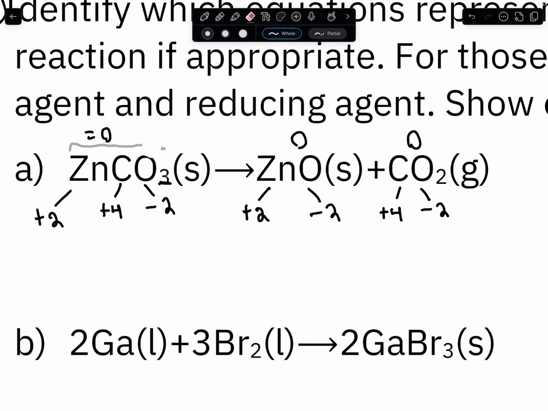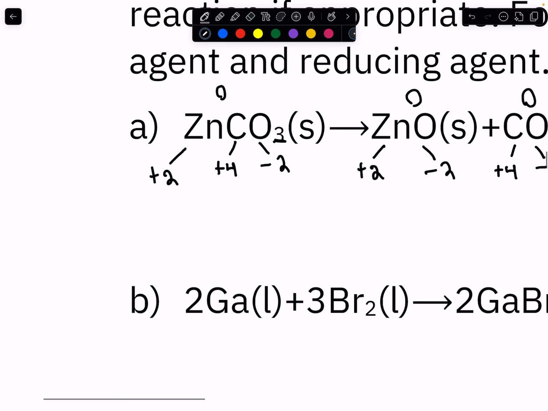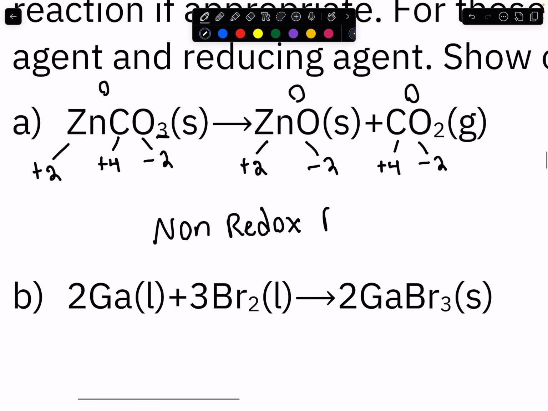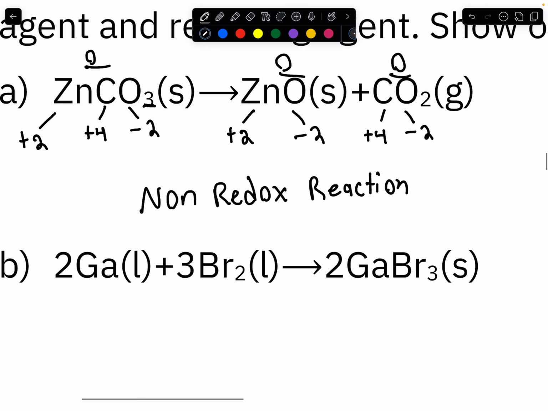So overall, we have a bunch of 0 charges, which makes this a non-redox reaction. It's all going to balance out to 0. And that's why it's a non-redox reaction.